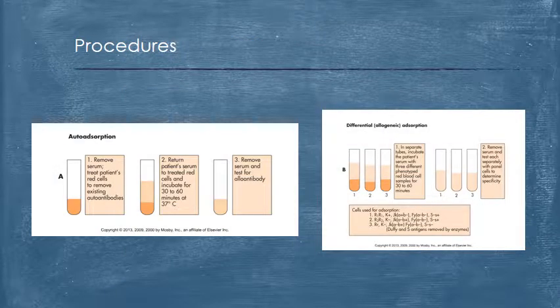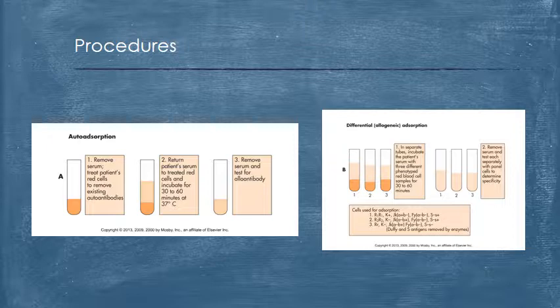And this is just going through the procedure itself. You can read here what's going on. See in step 1, you remove the serum. You got to treat the patient's red cells to remove the existing autoantibodies. Then return the patient's serum to the treated red cells and incubate, and then remove the serum to test for alloantibodies.